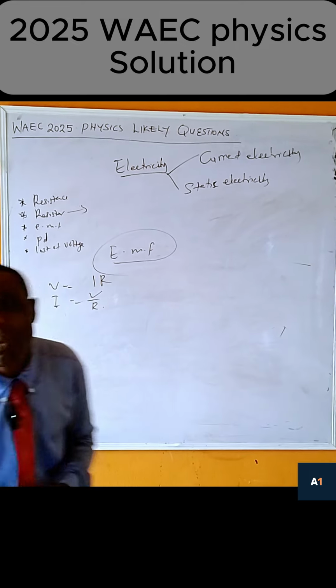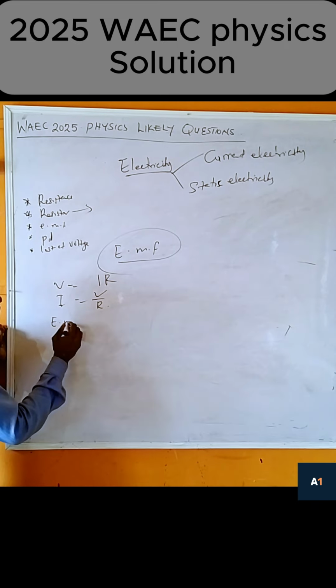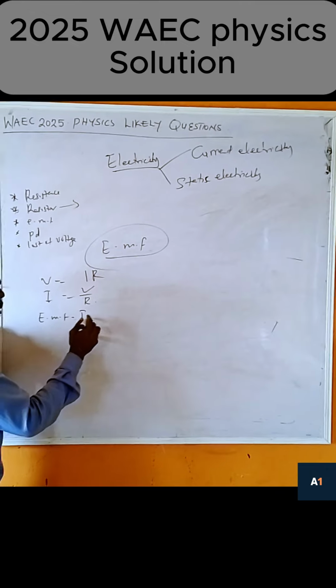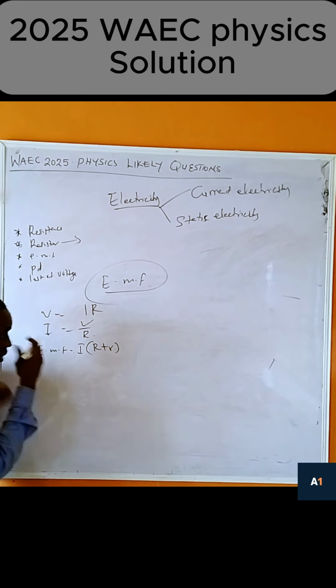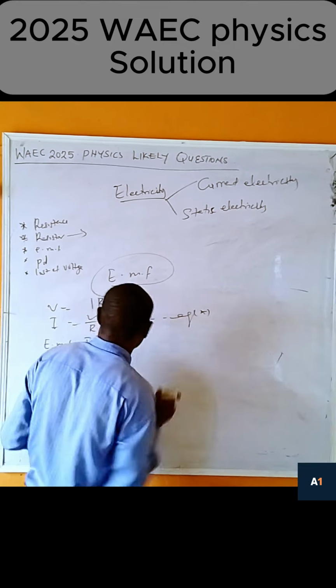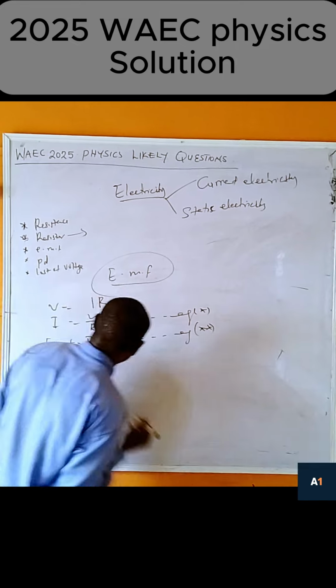So definitely we now make this one, instead of saying EMF is equal to I, open bracket, instead of R, we have R plus that internal resistance, r. Call this equation star. Let's start from here.